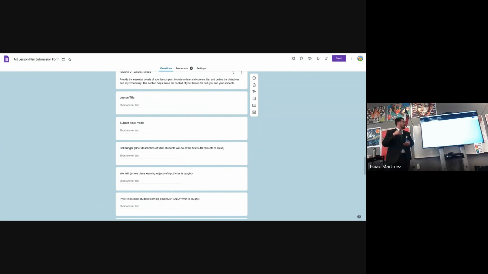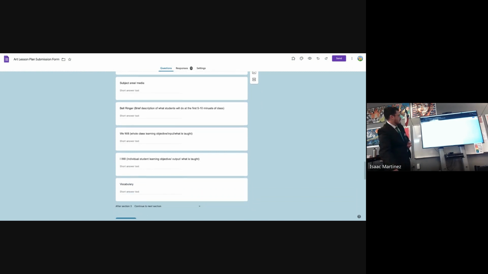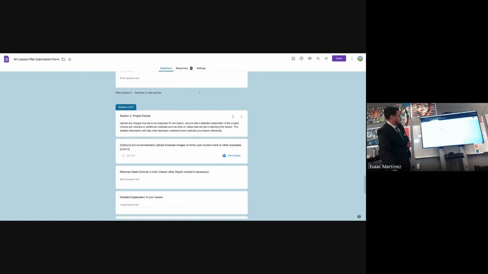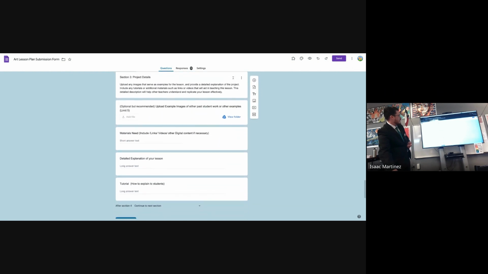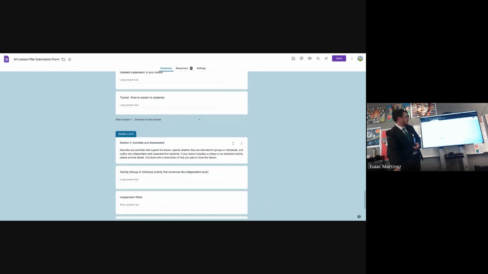So talking about the lesson title, what medium they're working with, what subject matter, and so on and so forth. The next section covers any potential pictures used for examples, materials, or whatever else is necessary for the lesson to work properly.